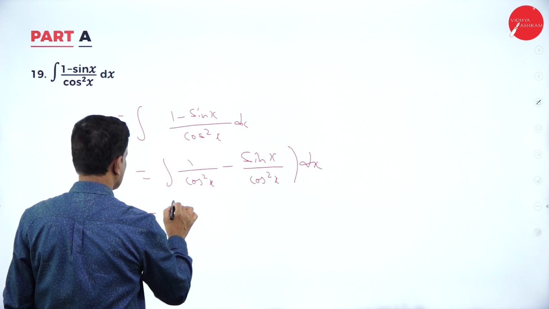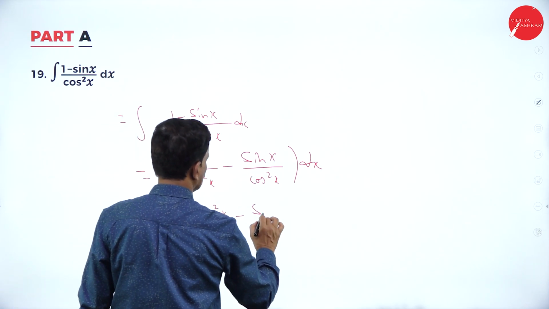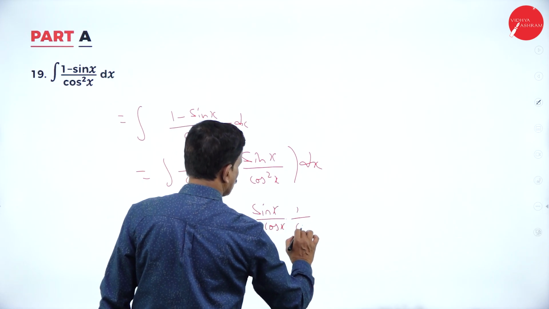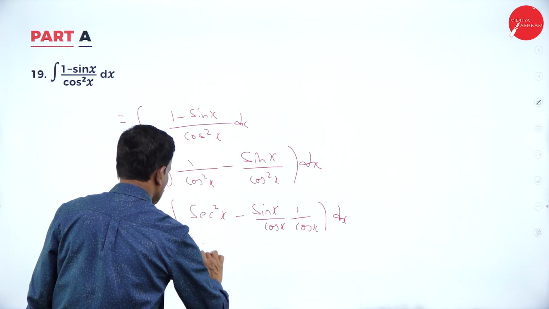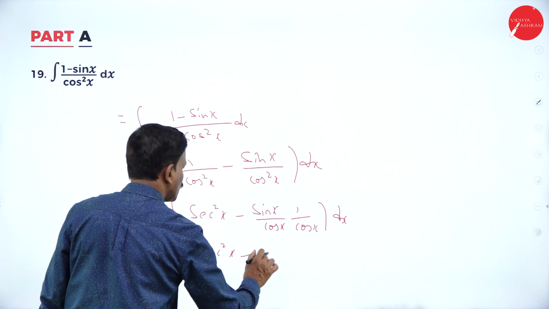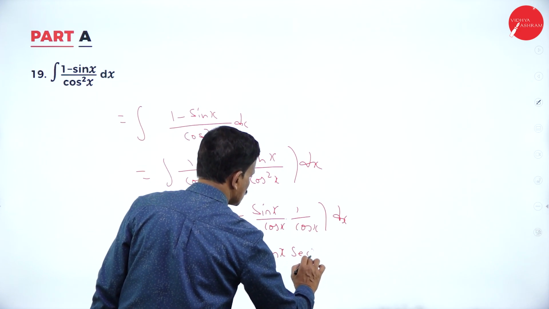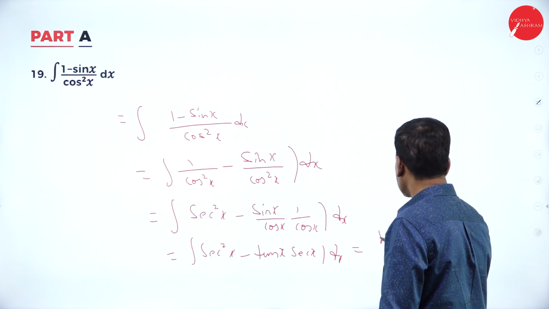Now, this can be written as 1 over cos square is secant square x, minus sin x divided by cos x into 1 by cos x dx. So, integral of secant square x minus sin by cos x is tan x, 1 by cos x is secant x into dx.